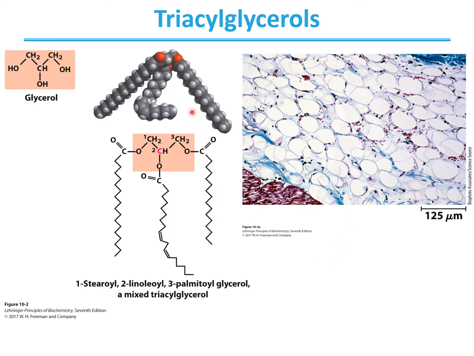And these TAGs, which are extremely hydrophobic and not soluble, are stored in our body in adipocytes. These are cells whose main job is to store these very hydrophobic molecules. This is a section of adipose tissue, and each of these is a different adipocyte, and they are completely white, translucent, because they are full of these molecules.